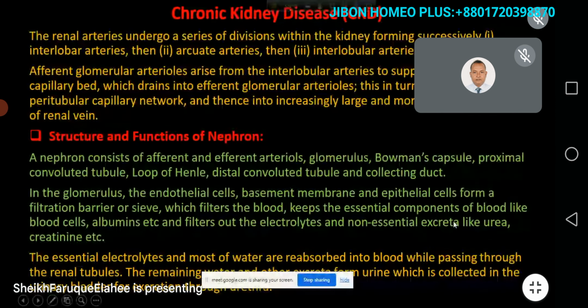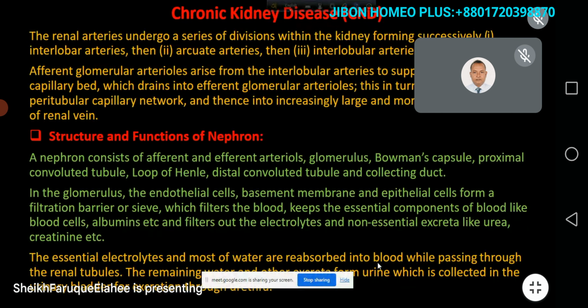So it brings back the blood and albumins and proteins, and only allows to filter water and electrolytes and non-essential excreta like urea and creatinine. Now, essential electrolytes and most of the water, I told you, are reabsorbed into blood while passing through the renal tubule.